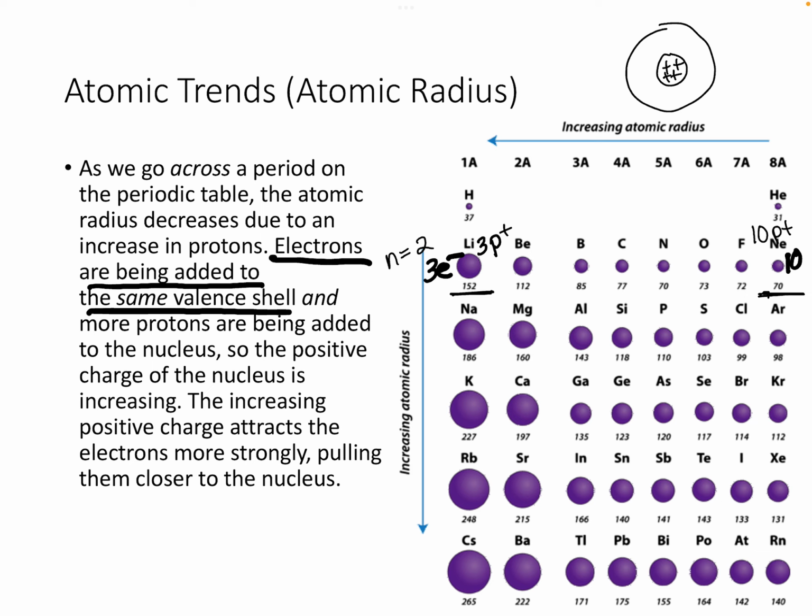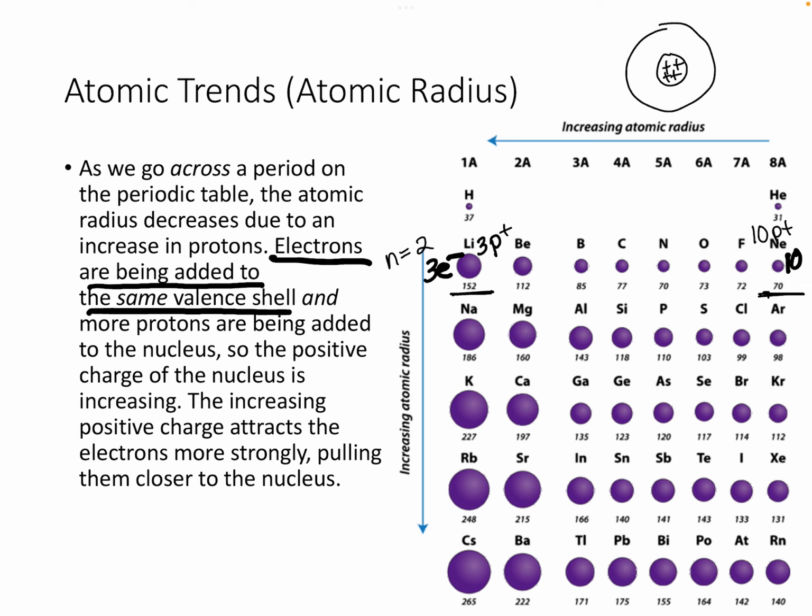So neon has much more positive charge, all localized in the center of the atom. So those 10 electrons are going to be more attracted to the nucleus. So they're going to shrink in a bit. Whereas with lithium, we only have 3 protons, so only 3 positive charges. So its 3 electrons are not going to be that attracted to the nucleus, so they might spread out a little bit more. So that's why lithium is a little bit bigger than neon, because lithium does not have as many protons in the center.